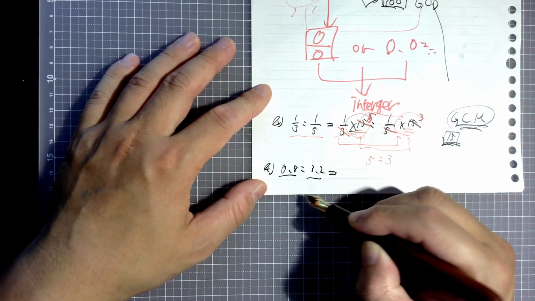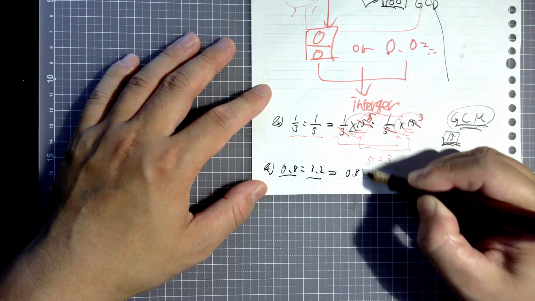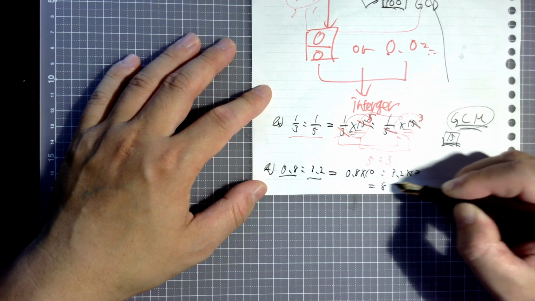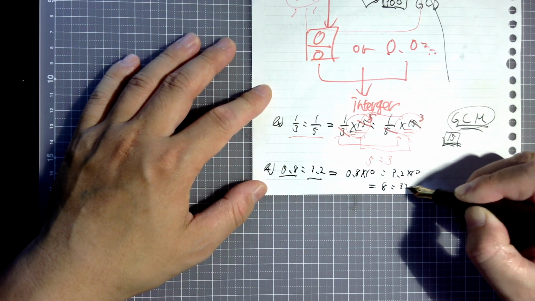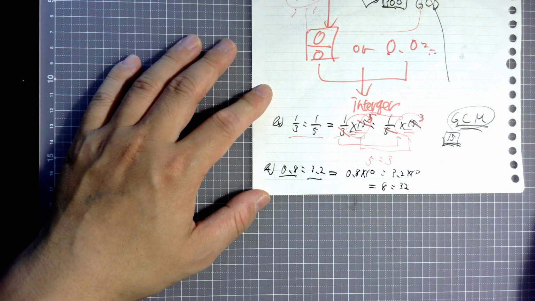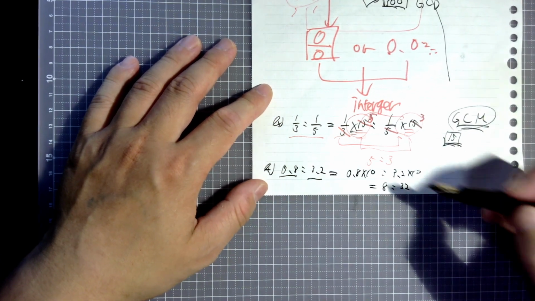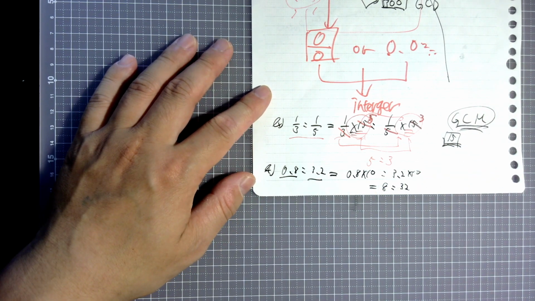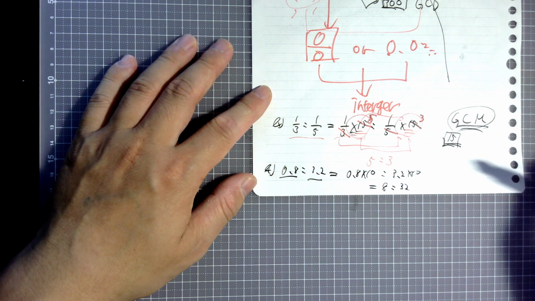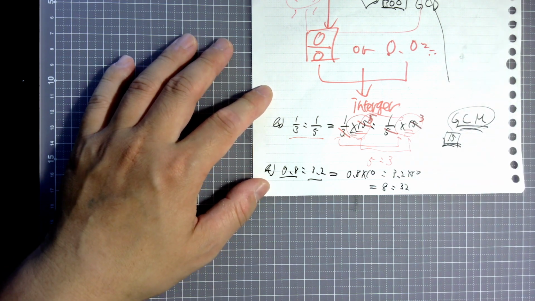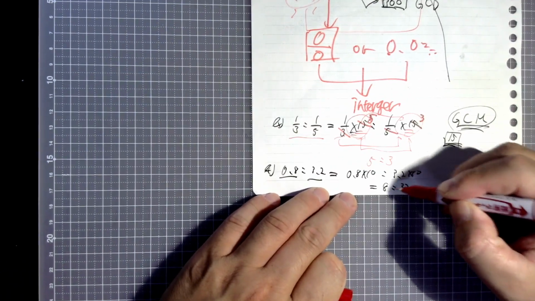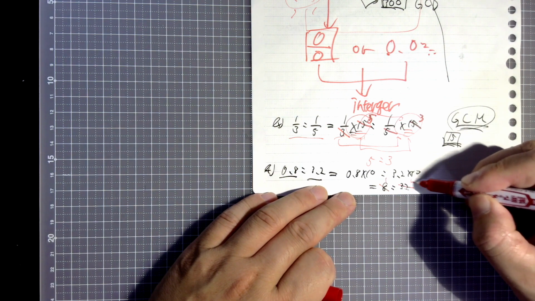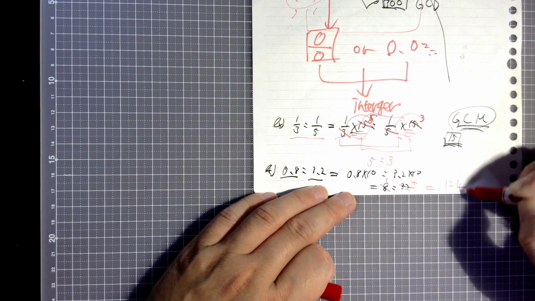So 0.8 times 10 to 3.2 times 10 is 8 to 32. And now you can make it simpler. This ratio is simplified by dividing by 8, right? So 8 divided by 8 is 1. 32 divided by 8 is 4. So it is a 1 to 4 ratio.